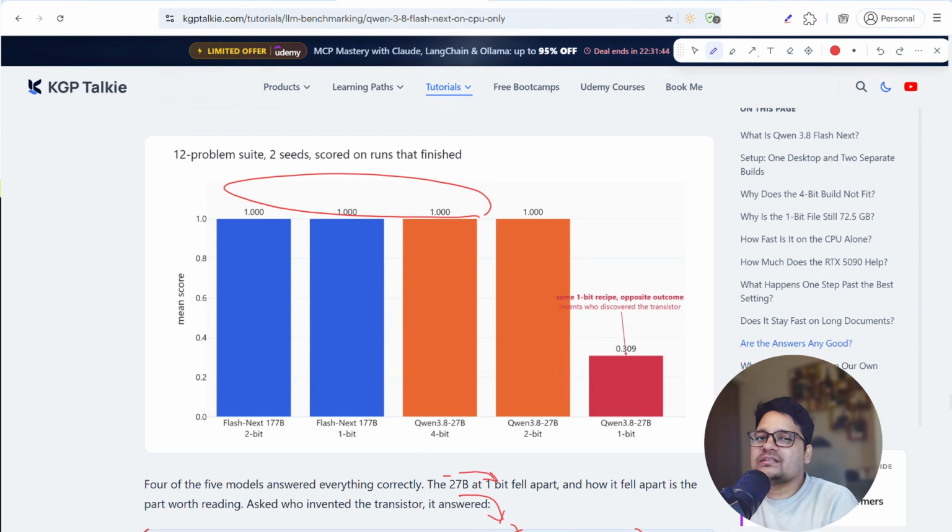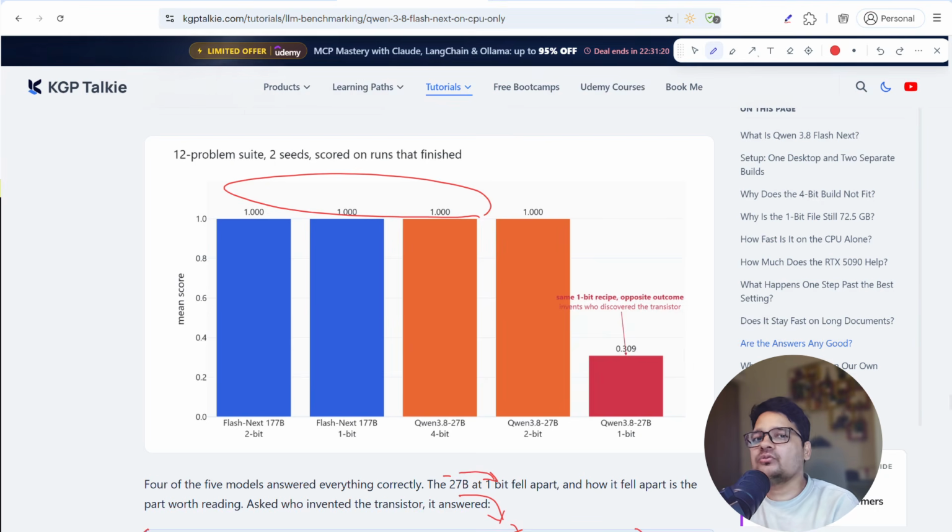Obviously, I intentionally did not set a very hard problem statement here, because that was not my intention in the first place. I wanted to understand the speed, its perplexity, its general knowledge, and how the KV cache is going to affect it.